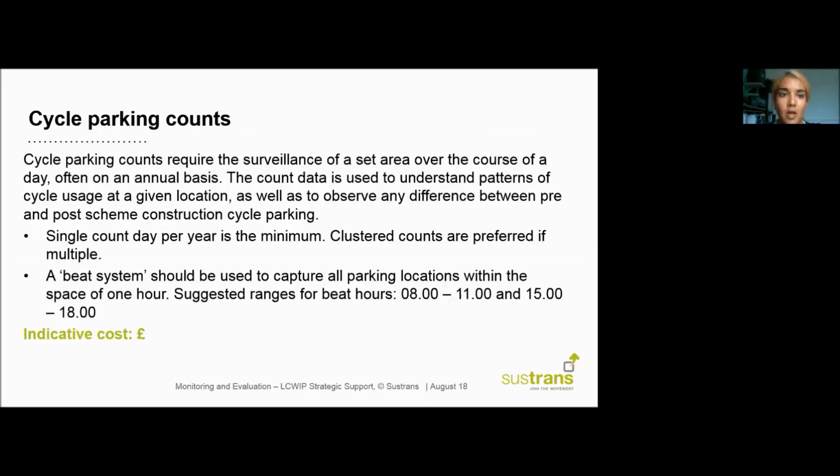Okay. So cycle parking counts. These involve an individual counting the number of parked bicycles at a set number of locations at specific time periods. Usually this is done on one day over a year that is chosen, and to capture change over time, usually the same day is used every year. So someone would go out on the same day every year and count the number of parked bicycles at a specific location.